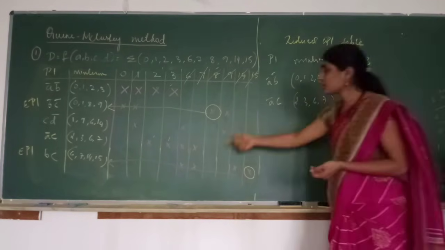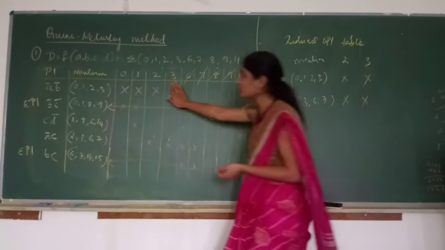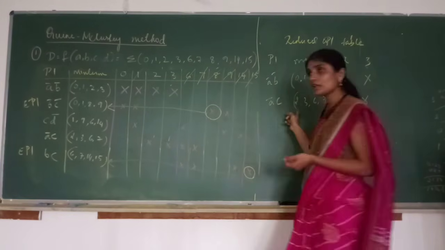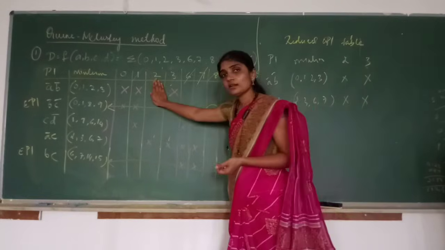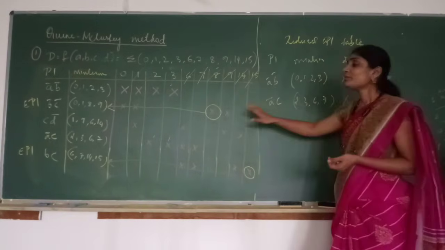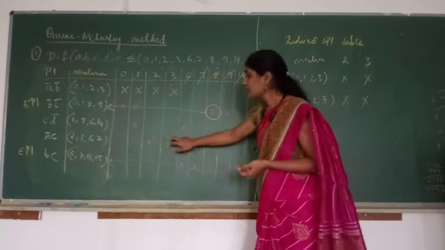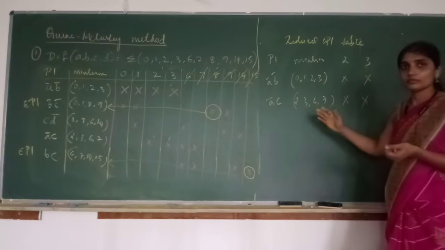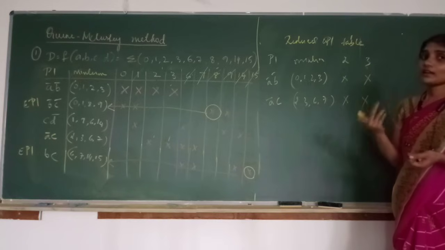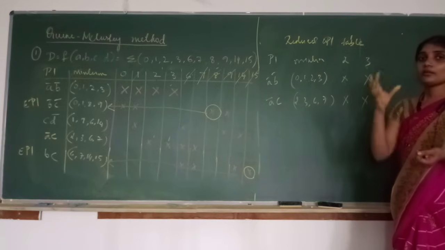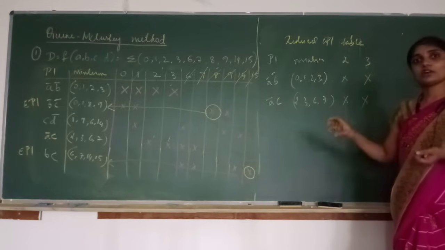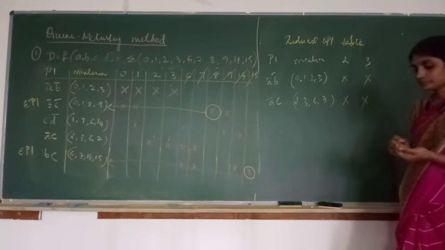If any prime implicant covers only 2, that also has to be included here. Only 3, that also has to be included here. But in this table, both are covering both 2 and 3. That is the reason I have taken both. But if they are covering a particular minterm alone, then also it has to be included in the next table.